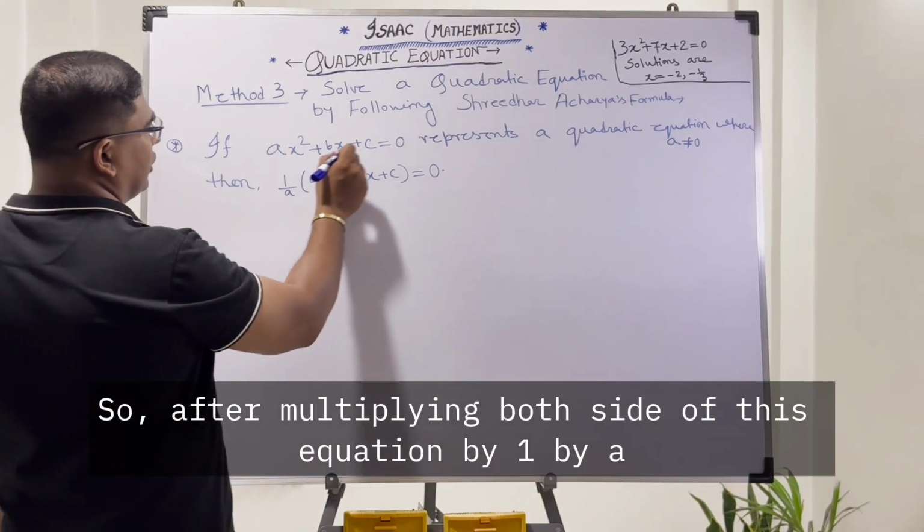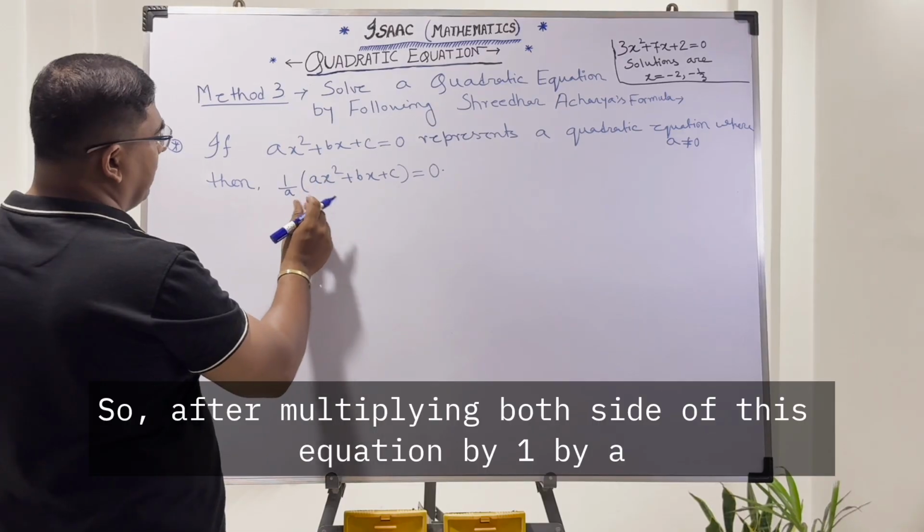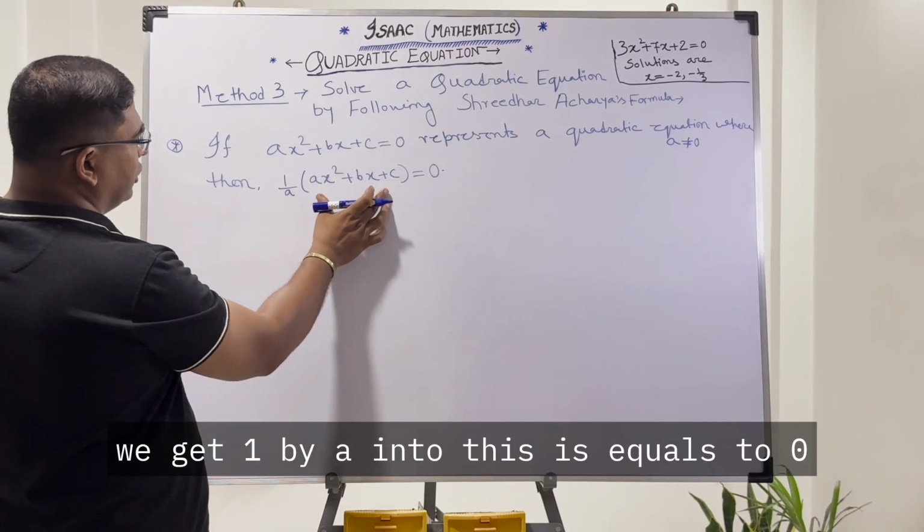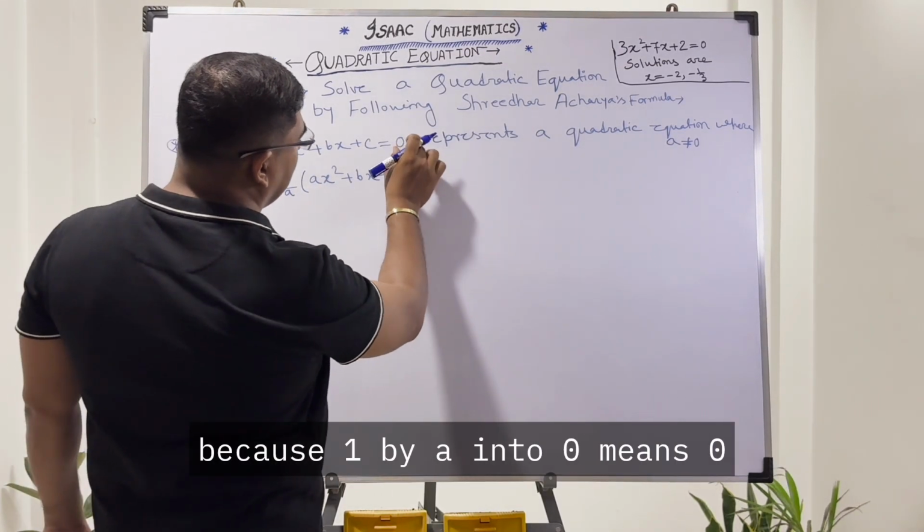After multiplying both sides by 1/a, we get 1/a into this is equal to 0, because 1/a into 0 means 0.